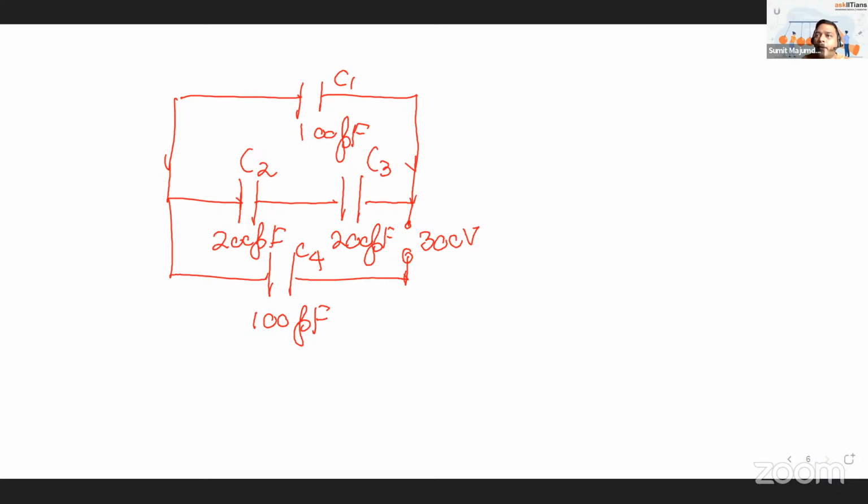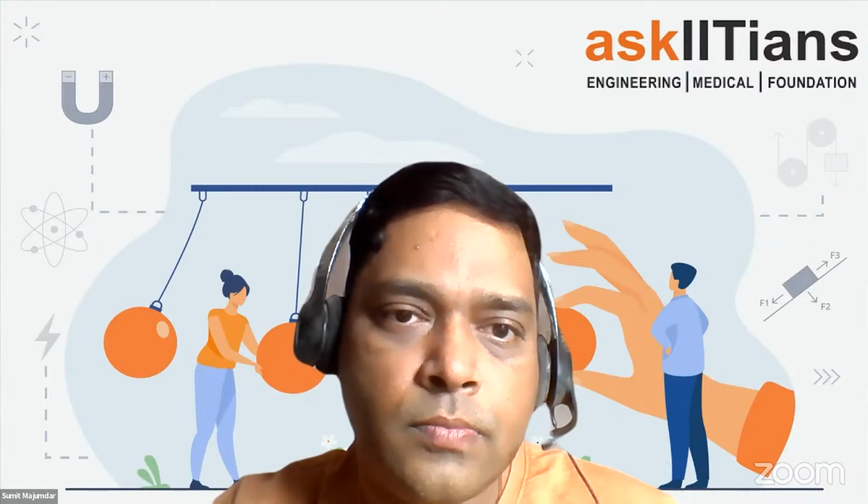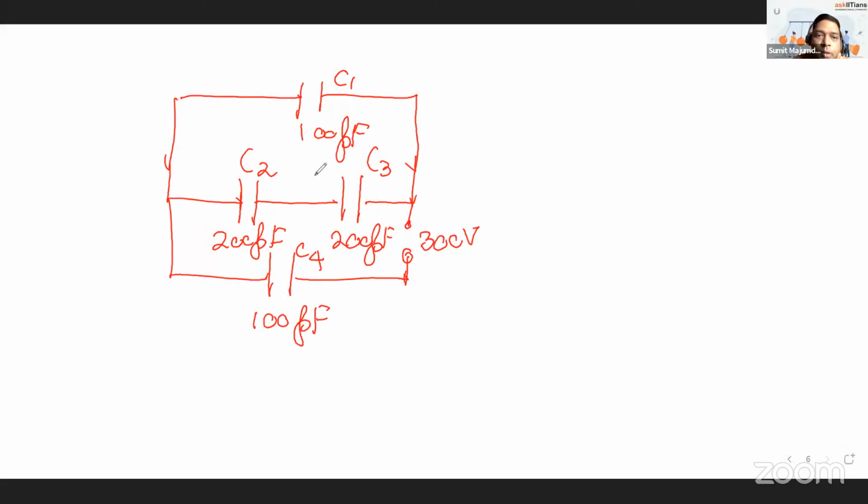Okay. So let us redraw this picture. First of all, you can see that these two are connected in series.